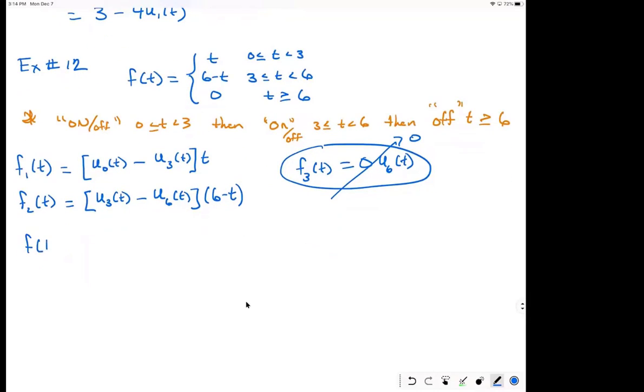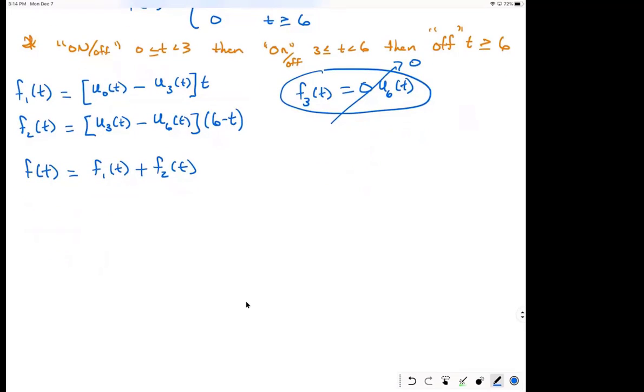So f of t is equal to f1 of t plus f2 of t. And then this is equal to, I have to be careful to write everything without making any mistakes. So this is 1 minus u sub 3 of t, that whole thing being multiplied by t.